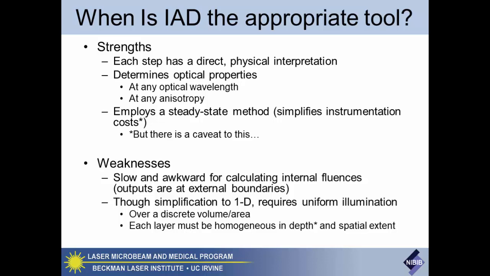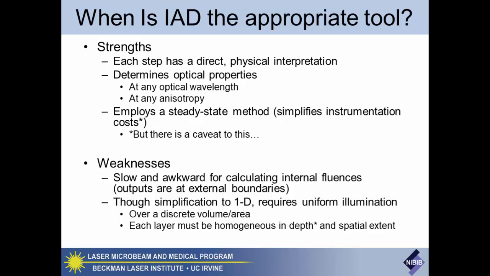Again, it can determine optical properties at any optical wavelength, at any scattering anisotropy, and it employs a steady state method, which as a consequence, you don't need to have an ultra-fast light source. You can just use a simple HeNe laser if you want to do it at one wavelength. The system that we've been building here actually uses a broadband source and a spectrometer, so you can have a steady state broadband source, essentially just a light bulb. It can be as simple as that, but again, there are limitations to that.